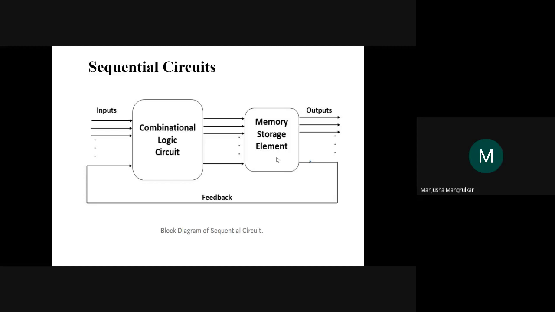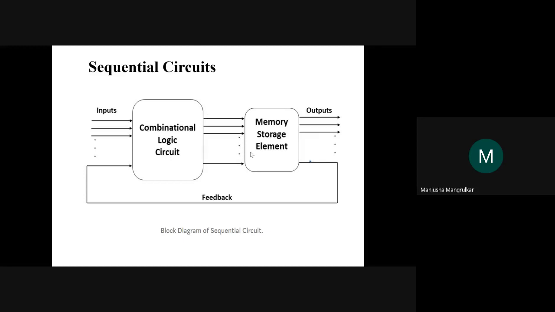In a combinational circuit, you don't have to worry about the output of the previous state. It is just taking an input, processing the data through your logic, and giving the output according to your logic. But in a sequential circuit, your input is the previous state of the output, so that previous state of the output needs to be stored in memory. So a sequential logic circuit requires a memory storage device.